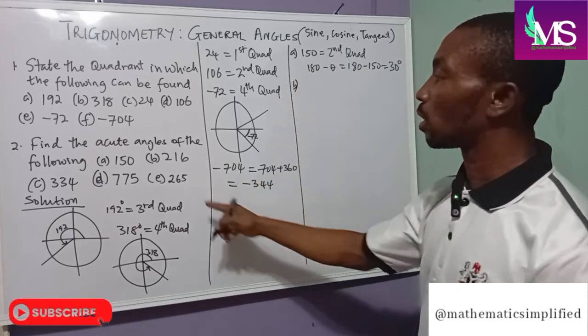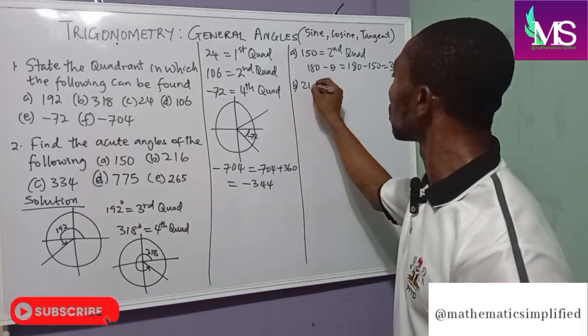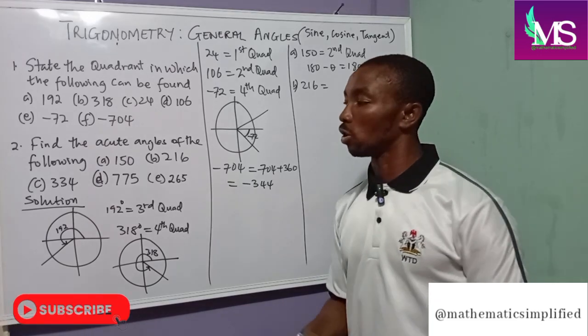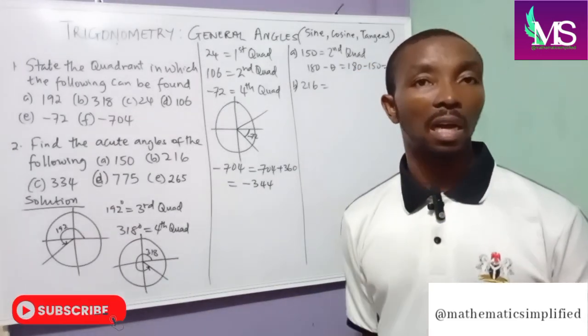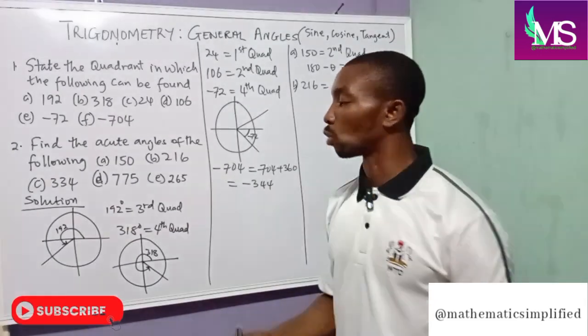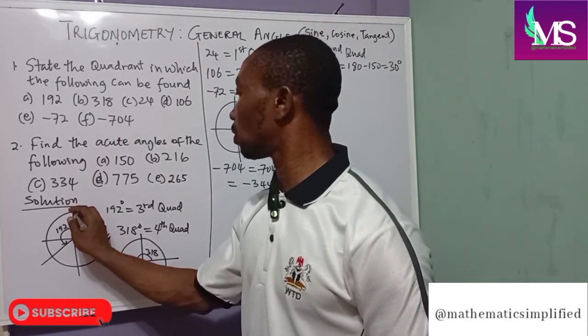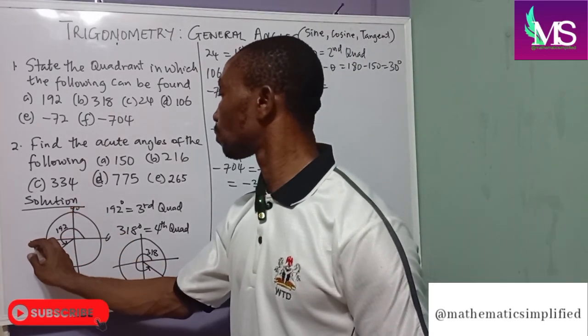So the acute angle of 150 is 30 degrees. Now, B says 216. Since we know that 216 is greater than 180 but less than 270, it will lie in the third quadrant. Bear in mind our numbering.